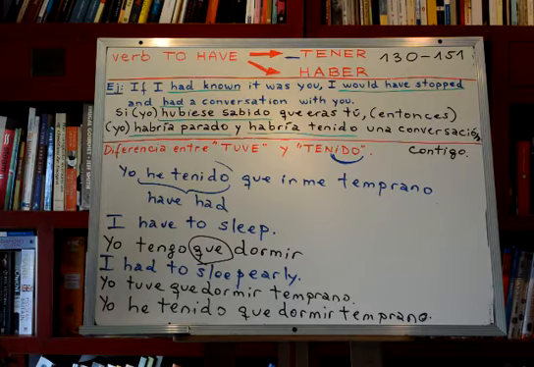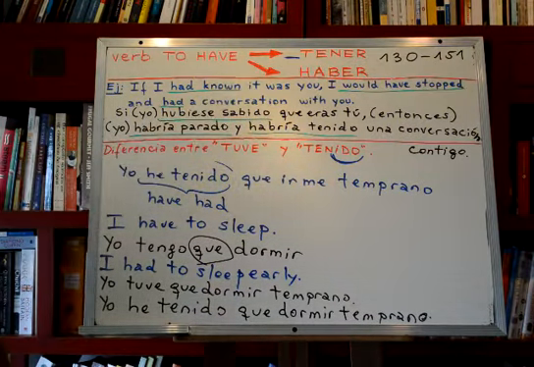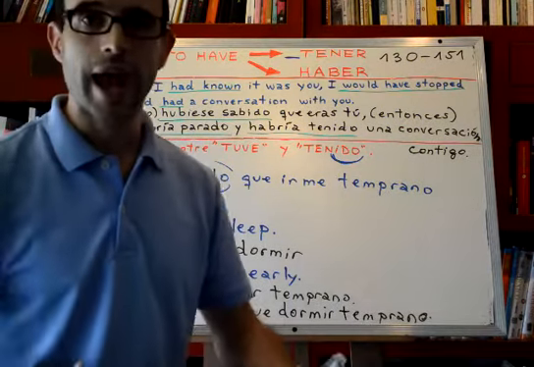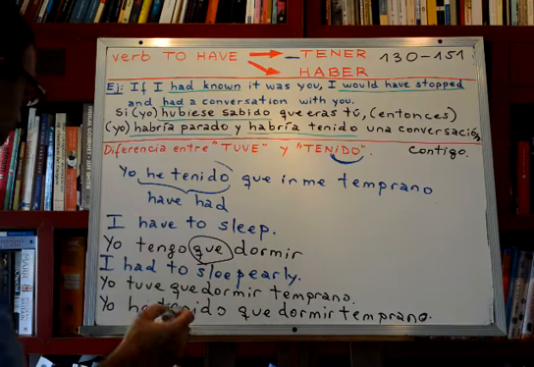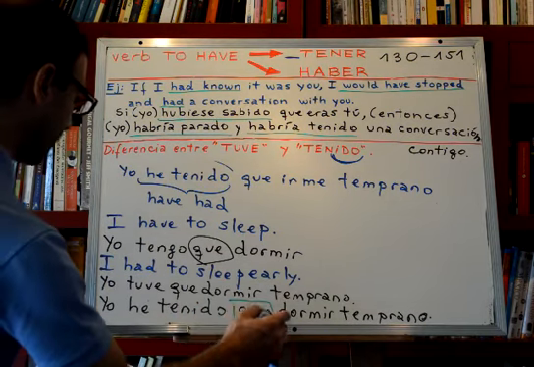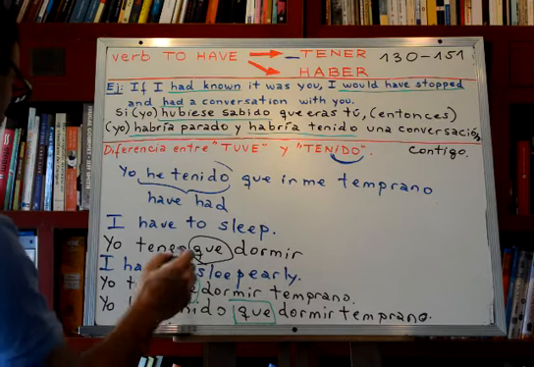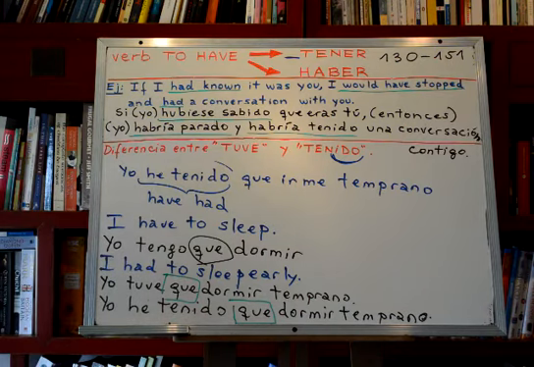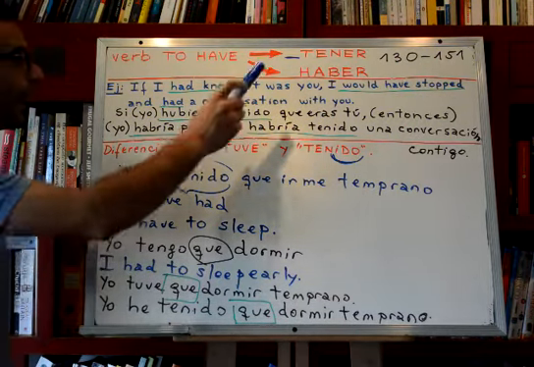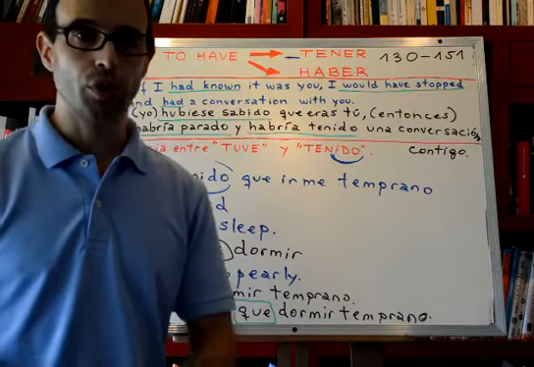When we use the verb tener, or to have, meaning obligation or having to do something, we always in Spanish use this word que after the verb tener, okay? Que, okay? Remember that.